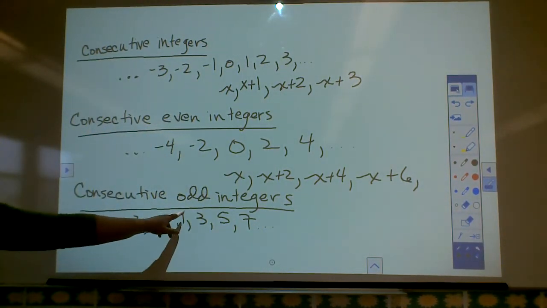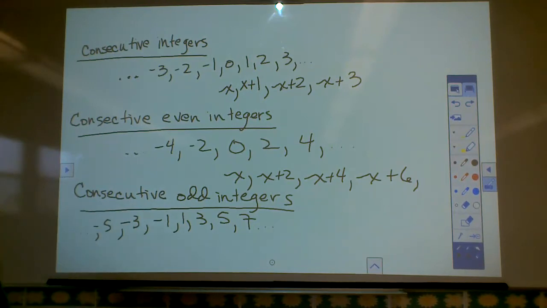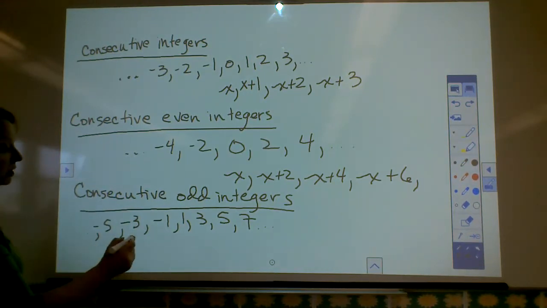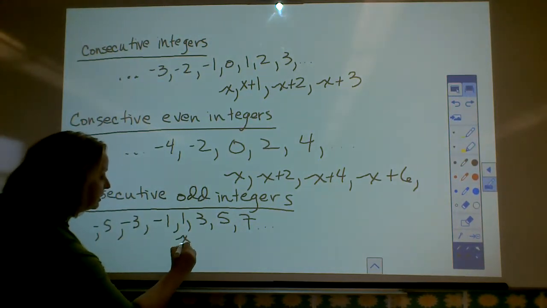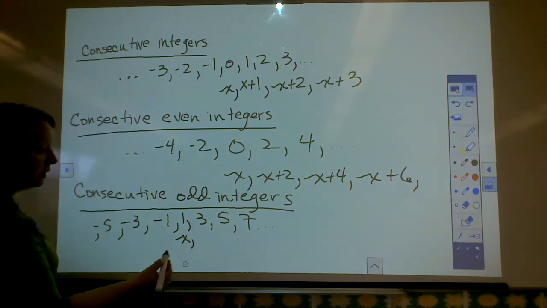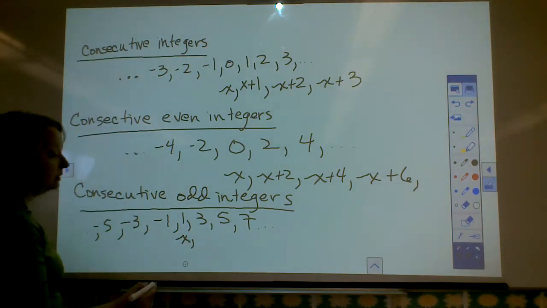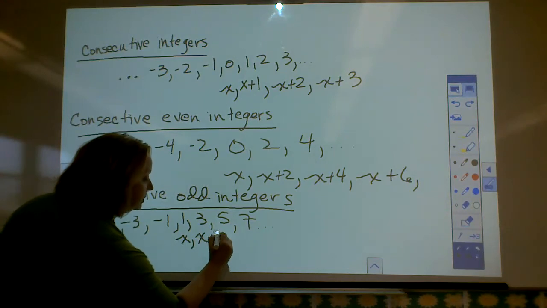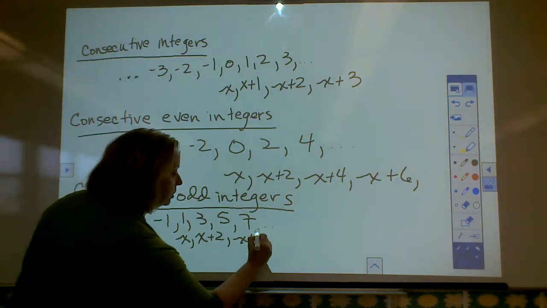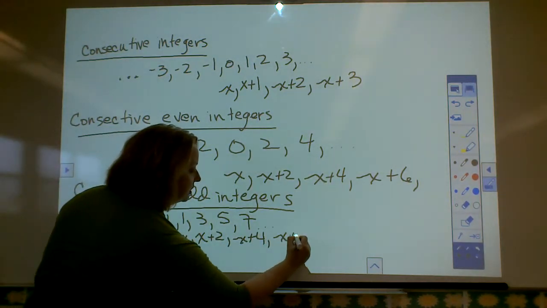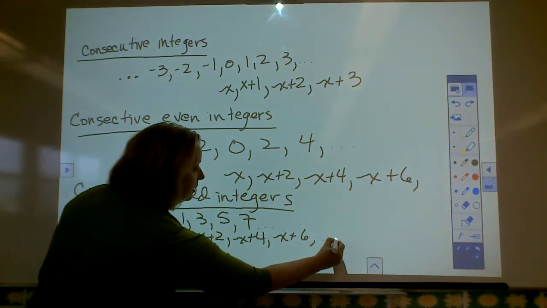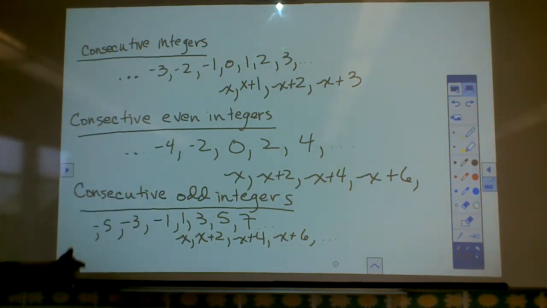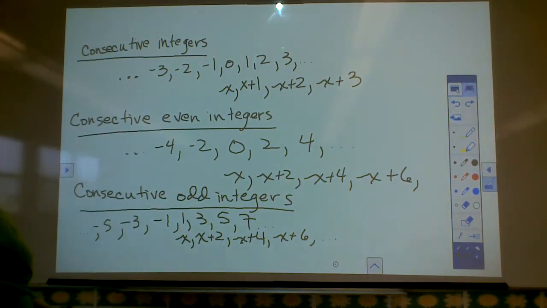So here we're going to start with x being equal to 1. So we're going to say that this is x here. Well, 1 plus what is 3? So this will be x plus 2 again, x plus 4, x plus 6. So basically the even and the odd integers have the same pattern here.